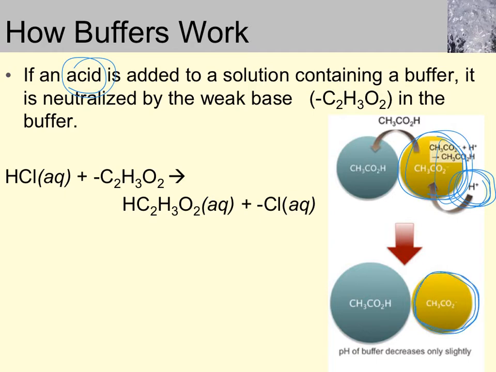And because the contaminant hydrogen ion and the conjugate base react to give you more of the weak acid, you're going to end up with a bit more of the original conjugate acid that makes up the buffer. And here is a chemical equation to represent that. And I know that you had a lab where you did something similar to this.